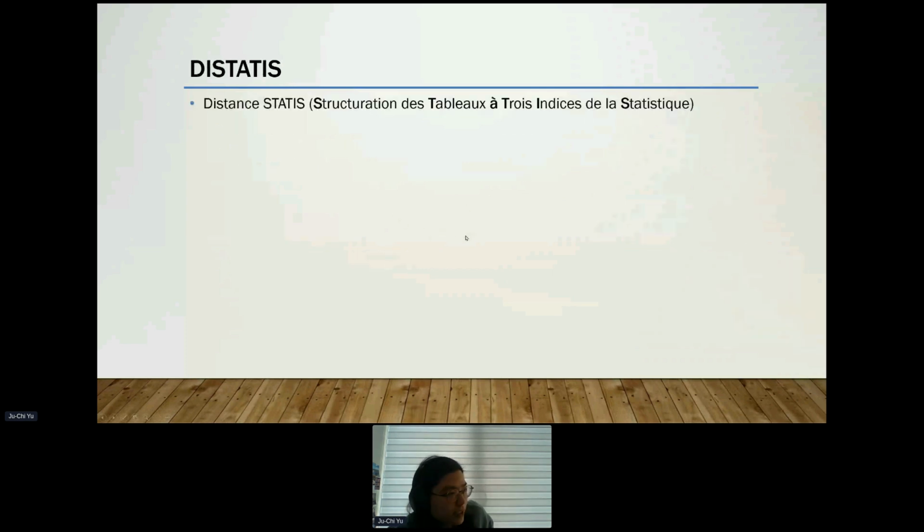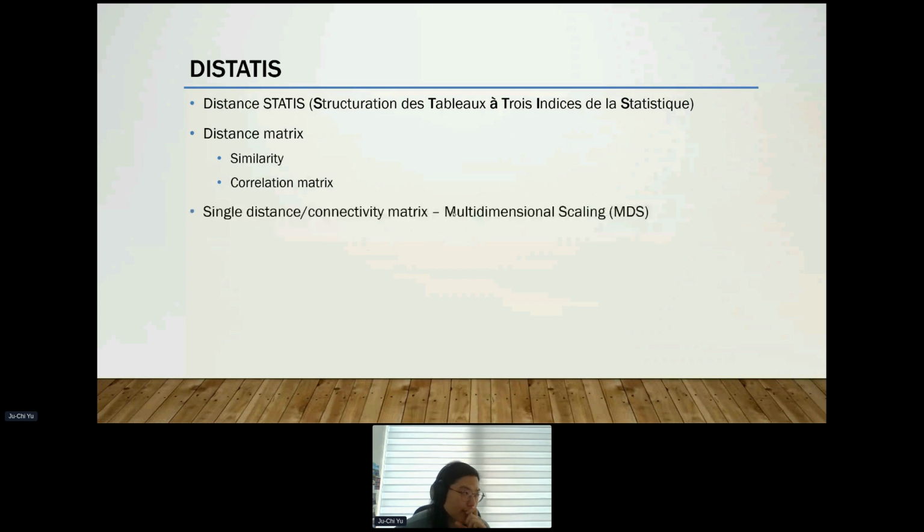So in DiSTATIS, we'll start with the acronym. It's French, and I'm not going to talk about that. It works on distance matrices that mainly measure similarity, and it could also be a correlation matrix, which implies that.